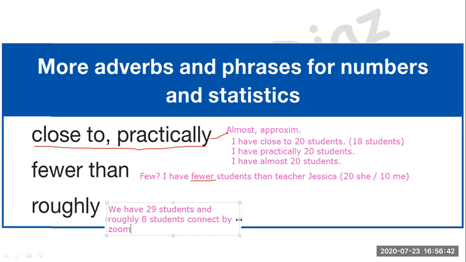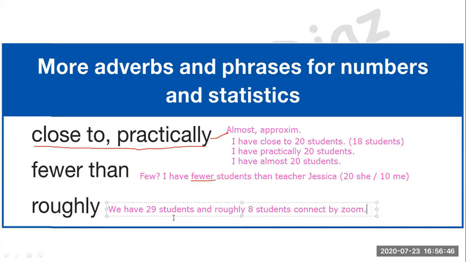Roughly could be like a duras penas, right? So we have 29 students and roughly 8 students connected by Zoom. A duras penas, si acaso se conectan 9. Understand?